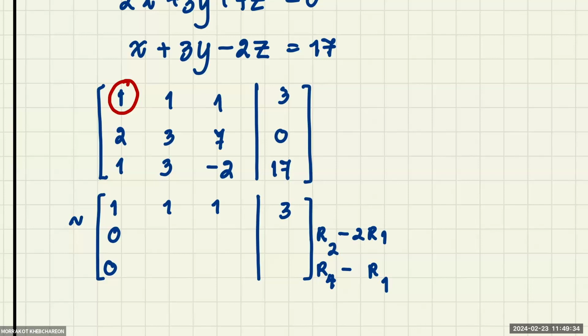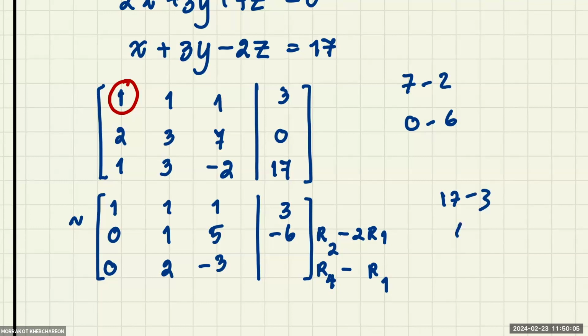So R2 is 3 minus 2 by 1 is 1. 7 minus 2 is 5. 0 minus 6 is minus 6. And then 3 minus 1 is 2. Minus 2 minus 1 is minus 3. 17 minus 3 is 14.